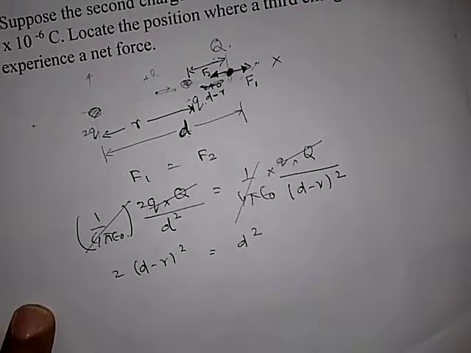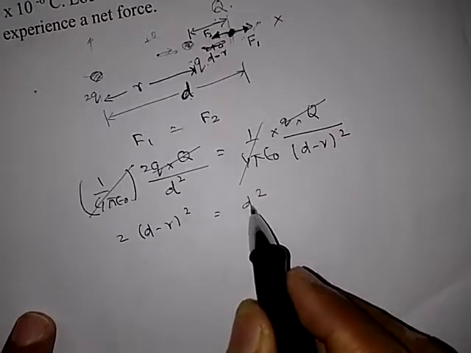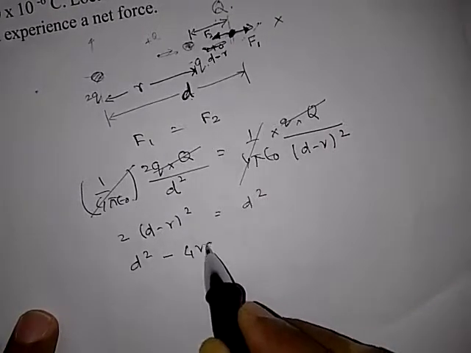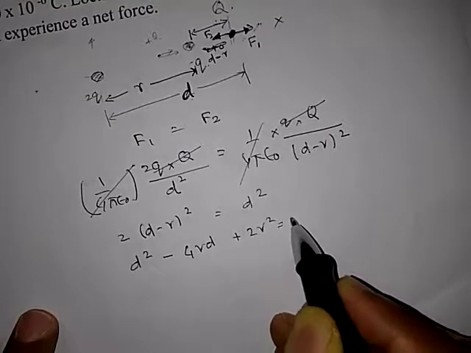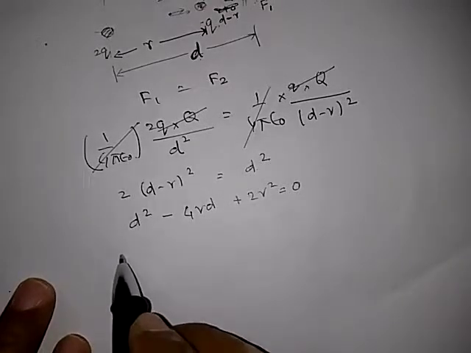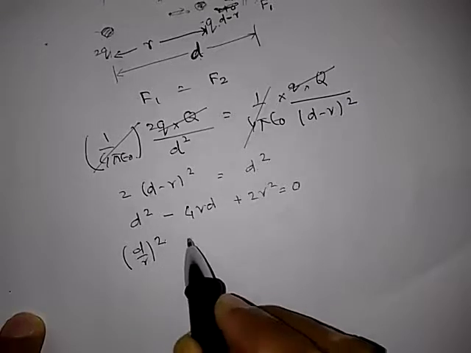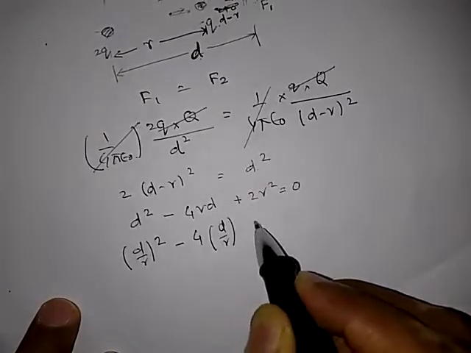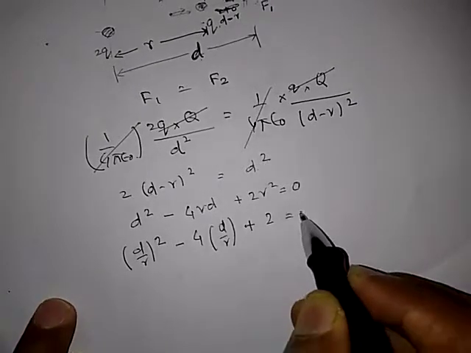d square. If you simplify it, we get 2d square minus 4rd plus 2r square minus d square, that is d square minus 4rd plus 2r square is equal to 0. We need to solve it for d, so we get (d by r) whole square minus 4 into d by r and then plus 2 equal to 0.